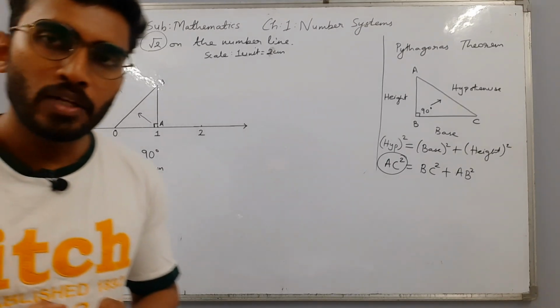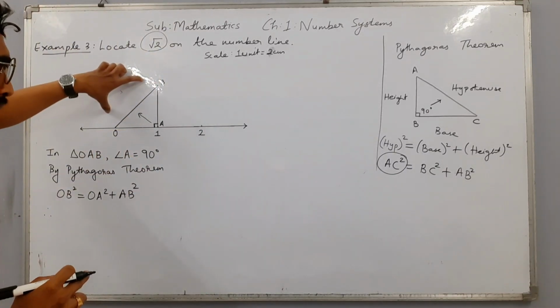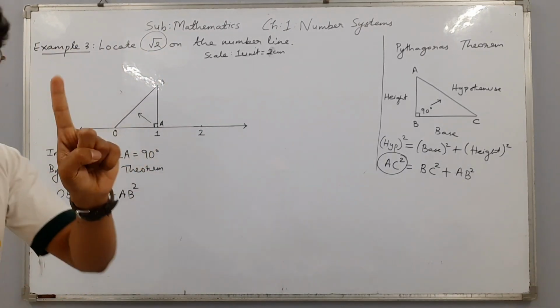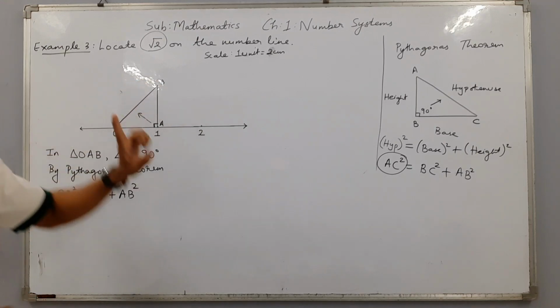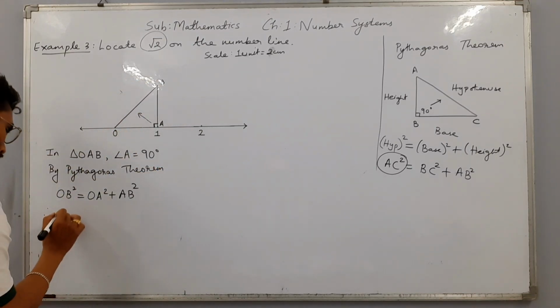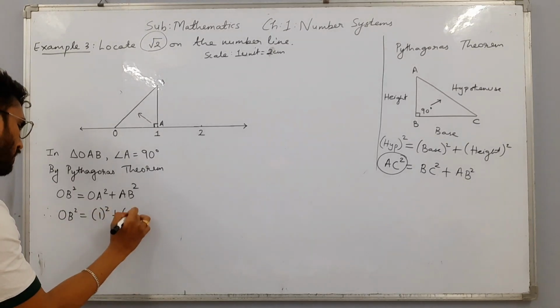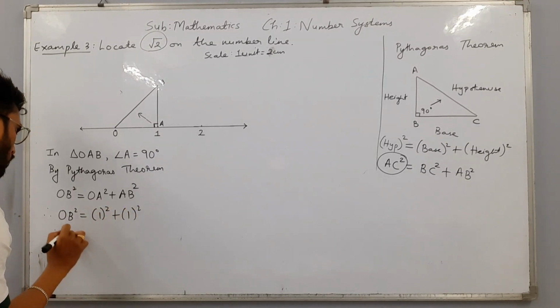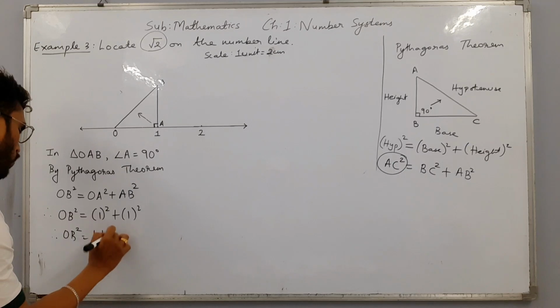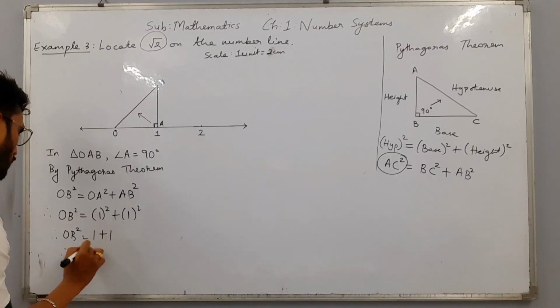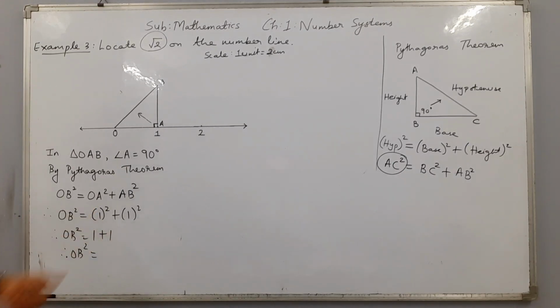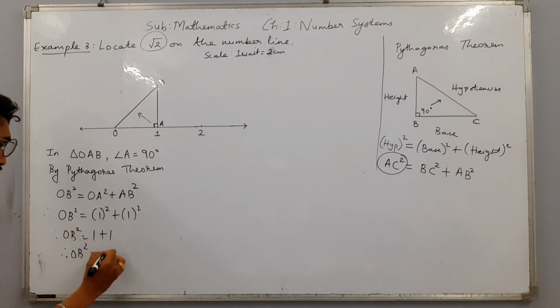Out of these three values, I don't know what is OB, but I know what is OA, that is 1 unit, and AB is also 1 unit. So I will put OB square as it is, OA 1 square plus AB 1 square, that will give me 1 plus 1. OB square equals 1 plus 1. 1 square is 1, 1 square is 1, 1 plus 1 you will get 2.